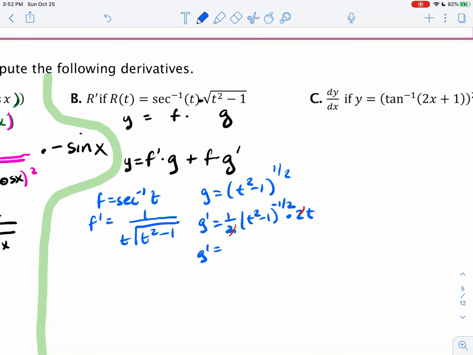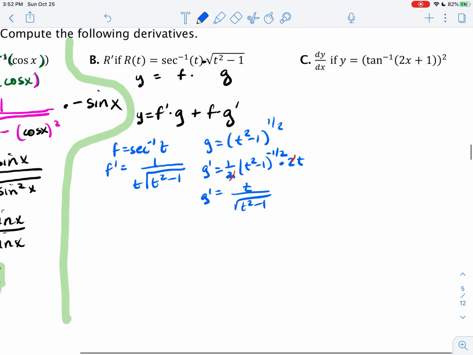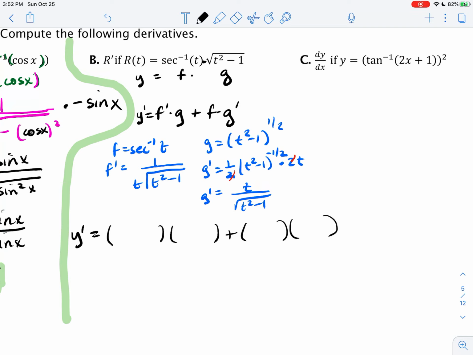And if we cancel our 2's, we end up with g prime being t over the square root of t squared minus 1. So when I go and take my product rule, my y prime is going to be the derivative of the first times the second plus the first times the derivative of the second, right?